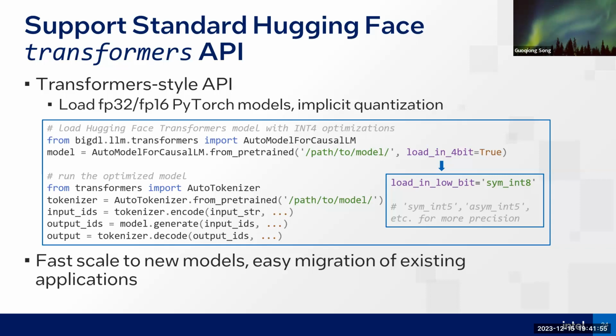So all the weights for the linear ones are quantized into int 4. That covers most of it, and we just replace that. Then you don't have to write every model in a different way. You just replace the linear layer, then you get the benefit. So that's why we say we are very fast to scale to new models.